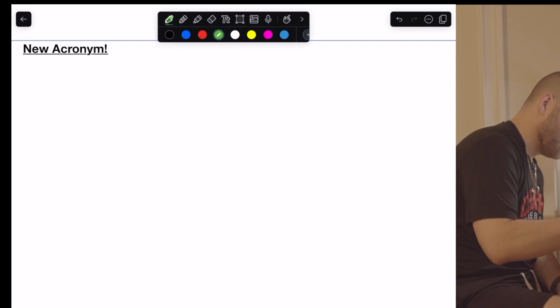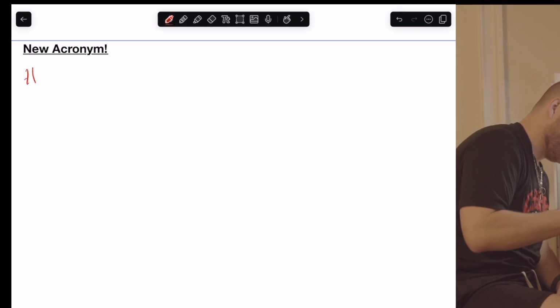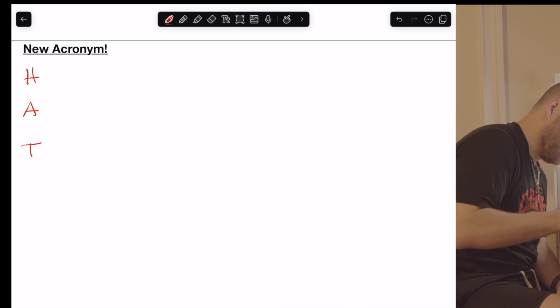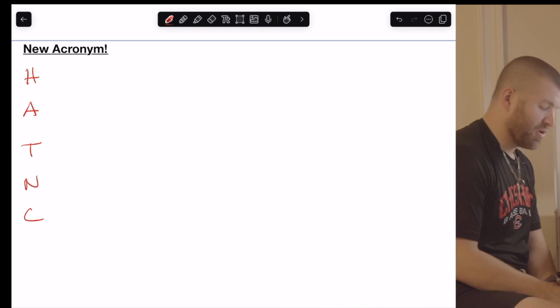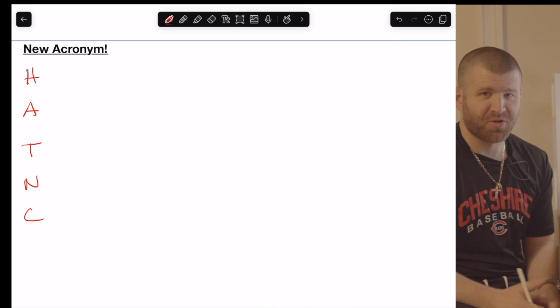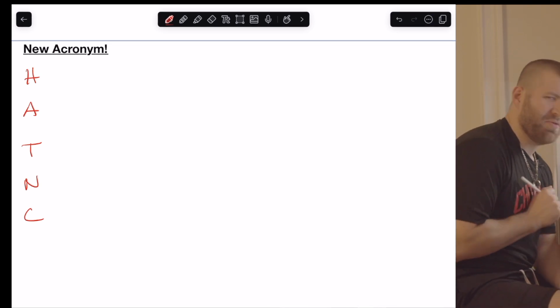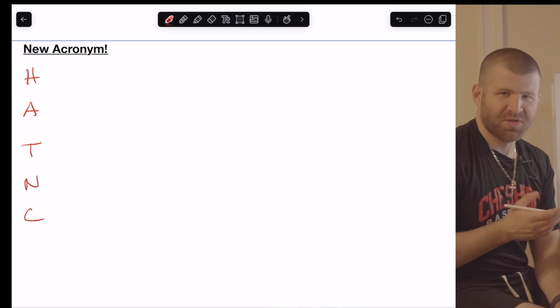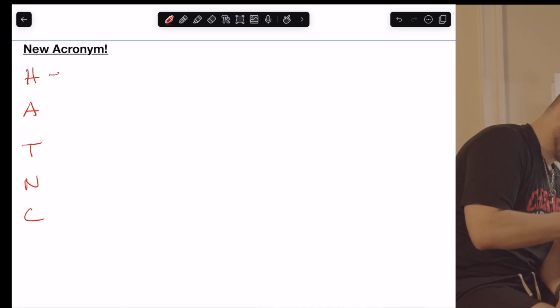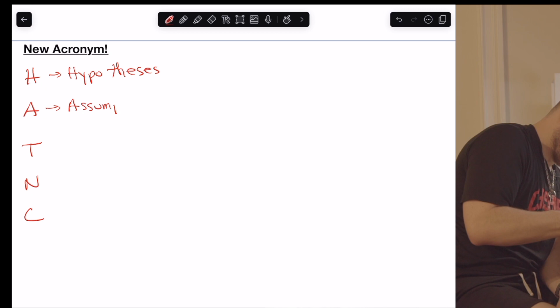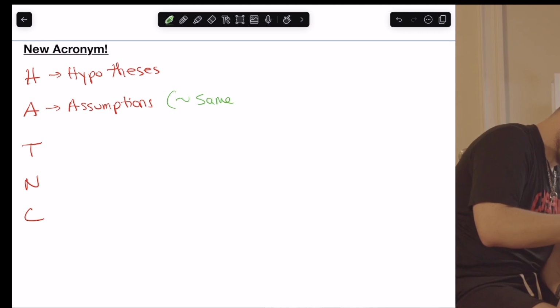Very, very important acronym, which is HAT North Carolina. Or how about them Nebraska Cornhuskers? Most people go with HAT North Carolina. And I think you can probably figure out what these are. The H here stands for hypotheses. The A stands for assumptions, which is basically the same as in PANIC.